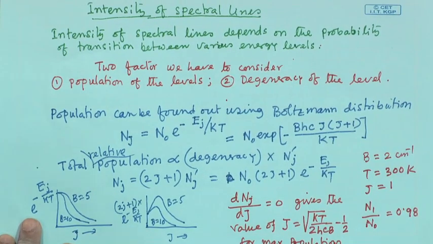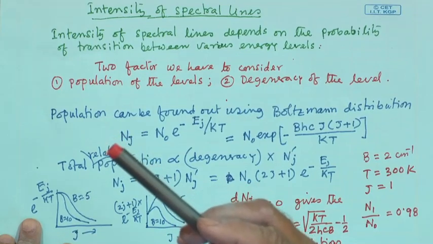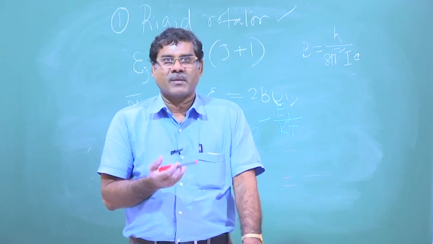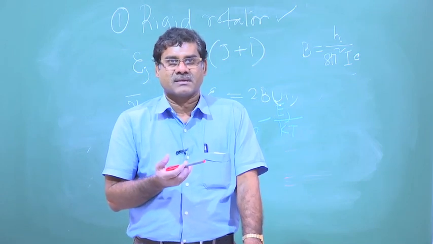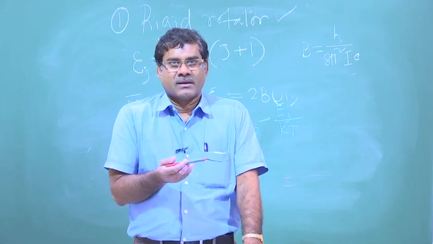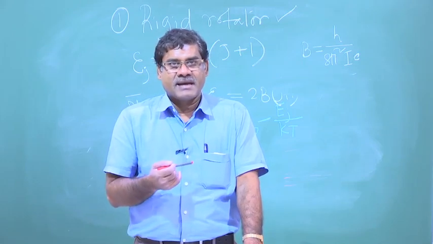For the transition from j equal to 2 to 3, the molecules in j equal to 2 are only 1% or less than 1%.